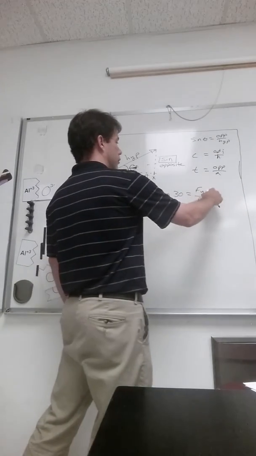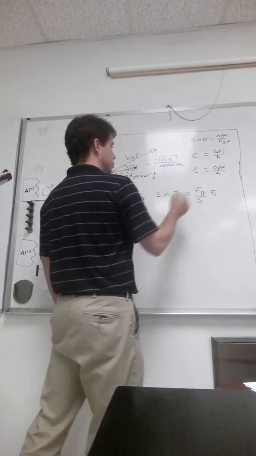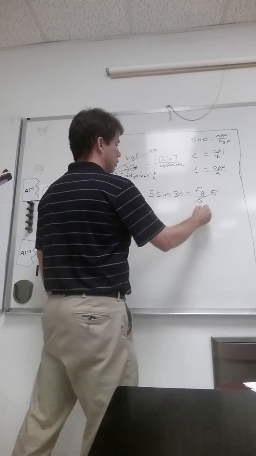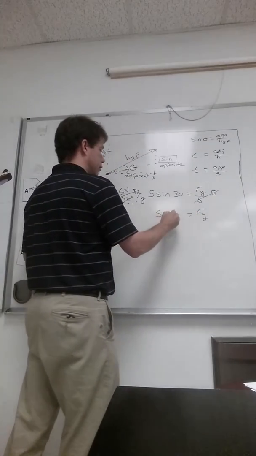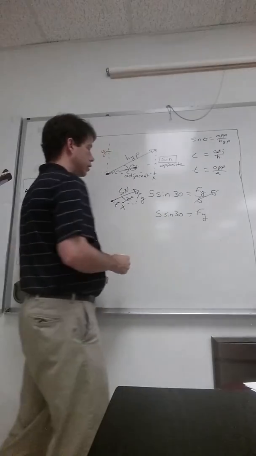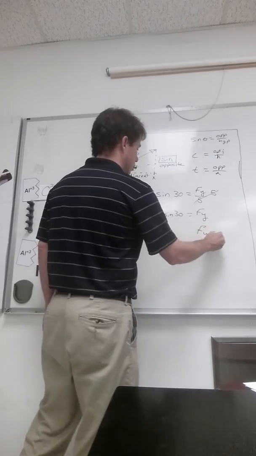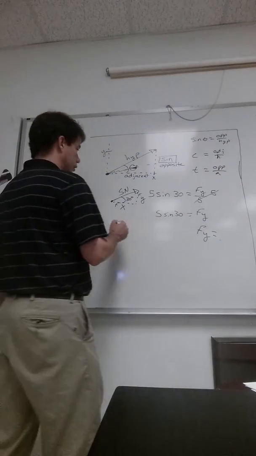What's happening to it? Force divided by 5. So we've got to do the opposite and multiply both sides by 5. And the force in the y equals 5 times the sine of 30. And you plug it in and you get, we'll have to calculate that in a second.